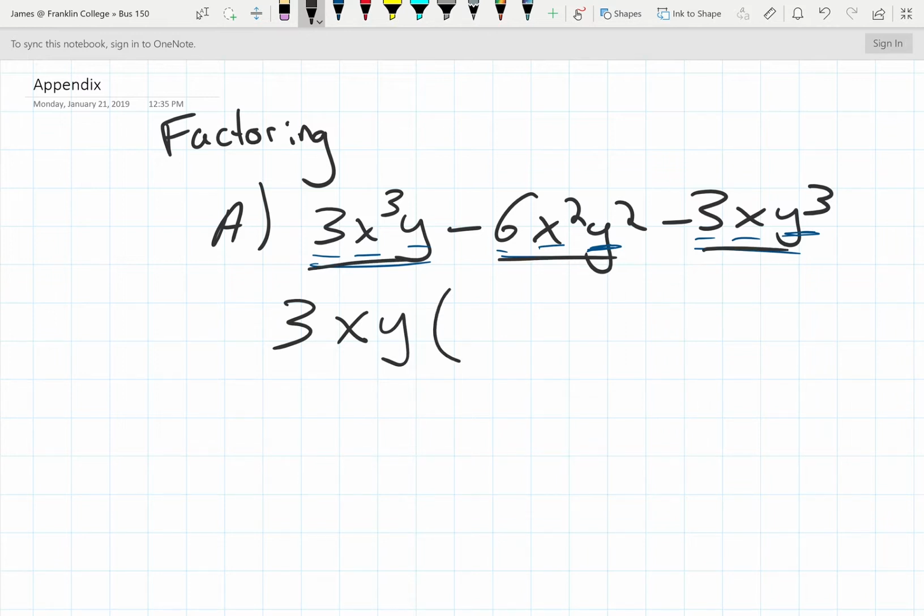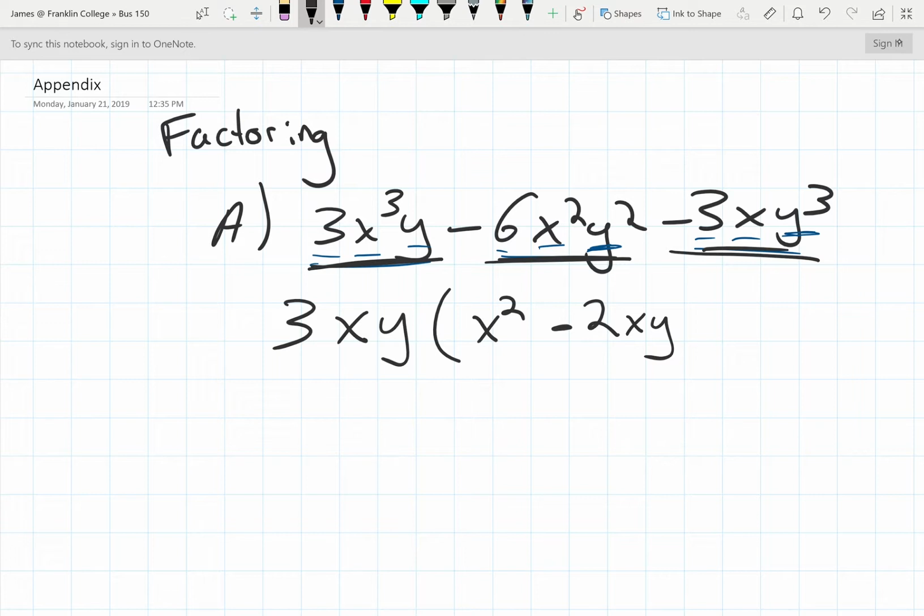So if we're going to factor out a 3xy from 3x cubed y, we're just going to be left over with an x squared. Alright, if we're factoring out 3xy from minus 6x squared y squared, we're going to be left over with a minus 2xy. And then lastly, we have minus 3xy cubed.